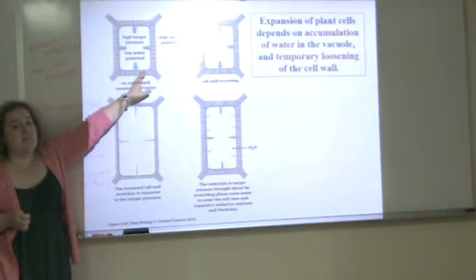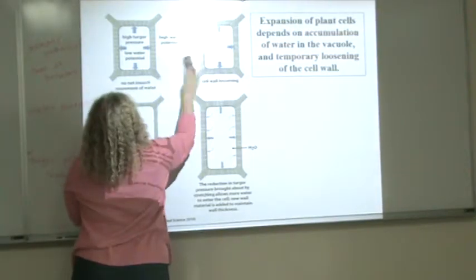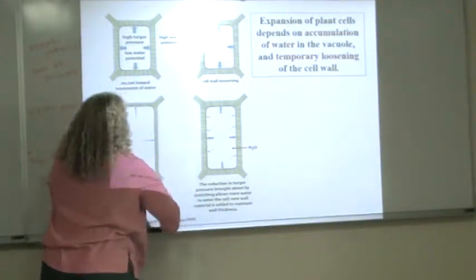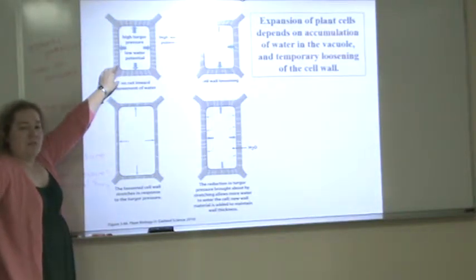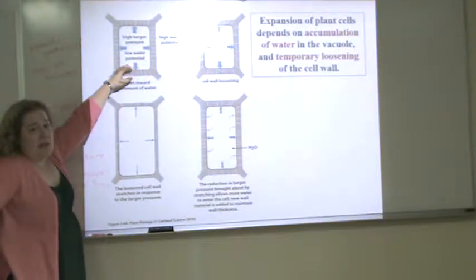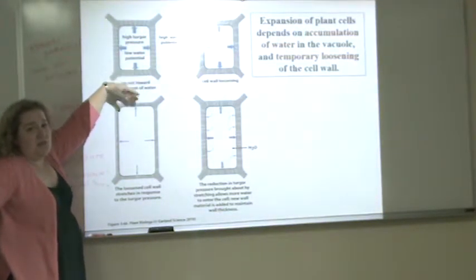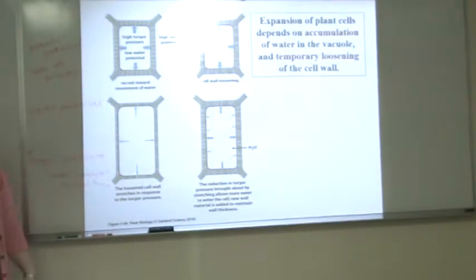It'll probably make more sense when we get to that. But most cells in a plant are always sitting in this scenario where more water would like to come in, but the wall is holding it back. And in fact, they need to maintain that situation so that they stand up and don't wilt. Good questions.